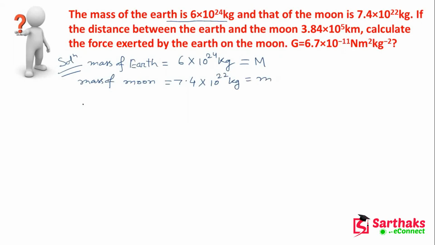Let's define it as small m. The distance between the earth and the moon is 3.84 into 10 to the power 5.